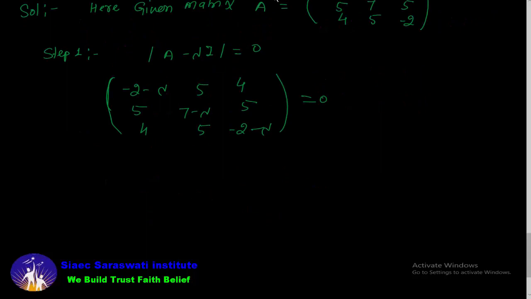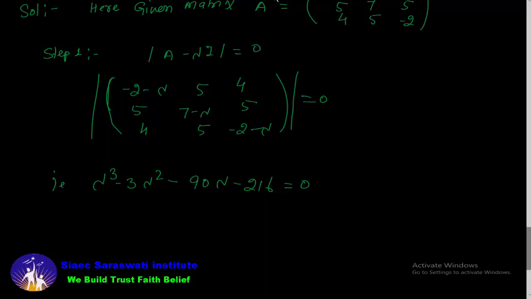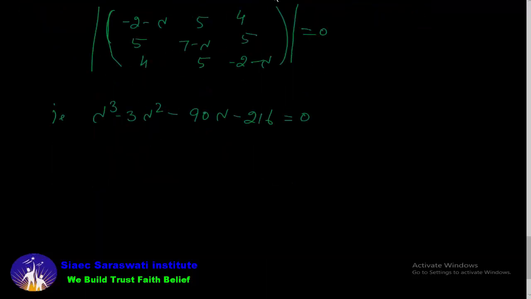When we find the determinant of this matrix and equate it to 0, I'm solving directly, you solve it as you want. The equation will be lambda cube minus 3 lambda square minus 90 lambda minus 216 equal to 0. You can find out the lambda values.